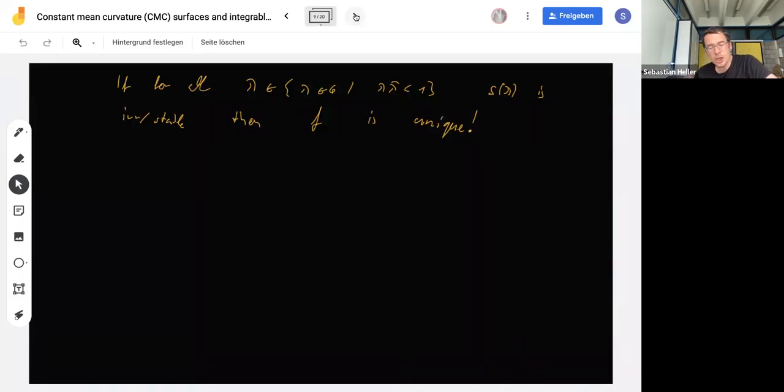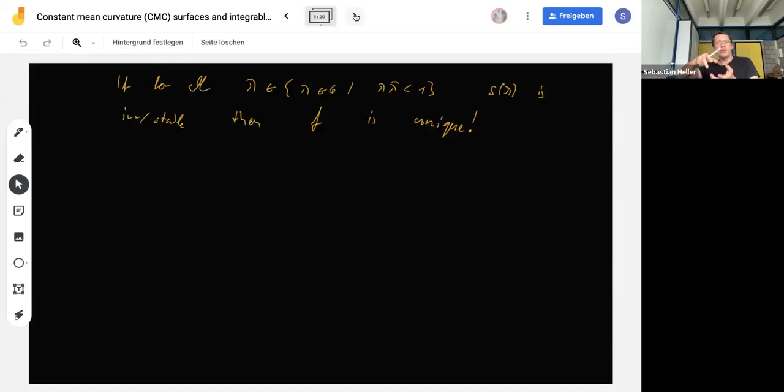It can be shown that for each point where irreducibility doesn't hold, there is a certain kind of transformation of the CMC surface or minimal surface, which is known in more classical language. It's a so-called dressing transformation.